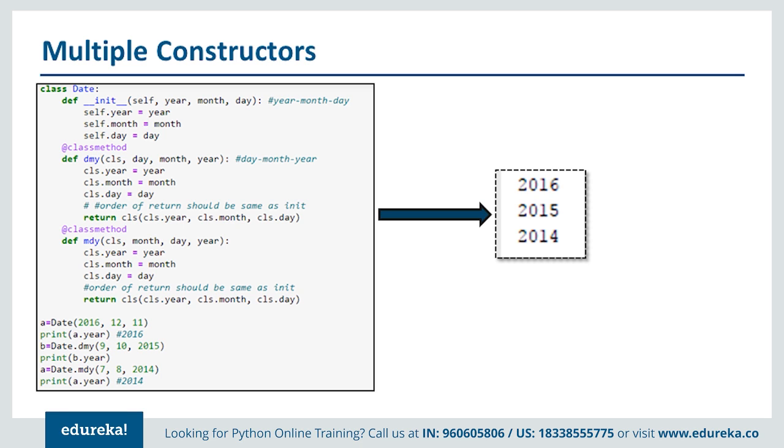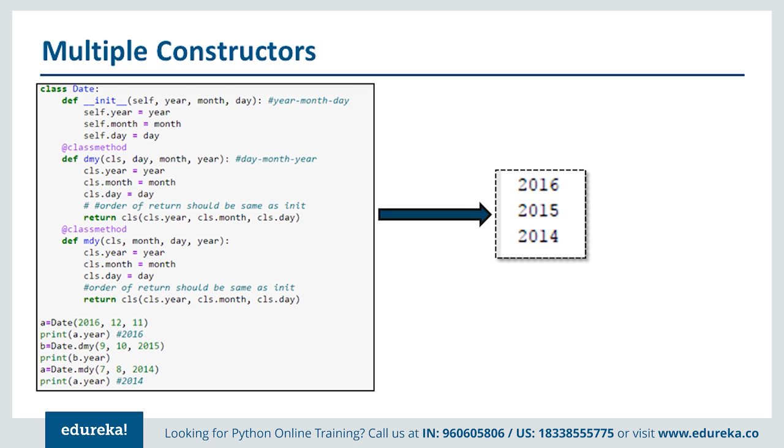Again, we have class methods here, dmy and mdy. These two class methods are available, and they use different attributes, where we provide some parameters.